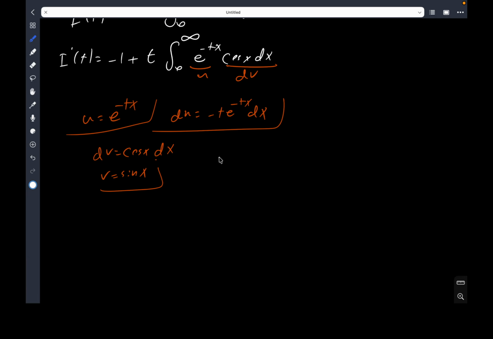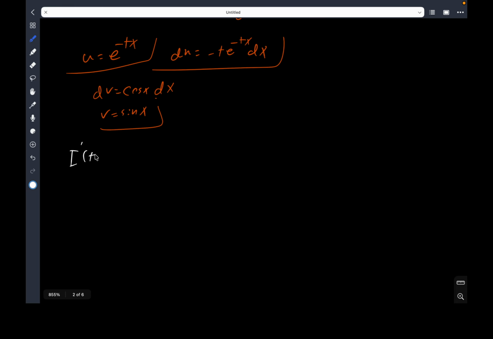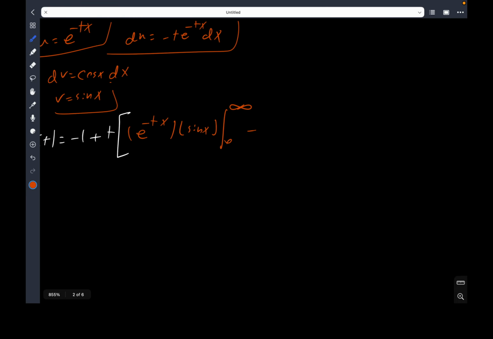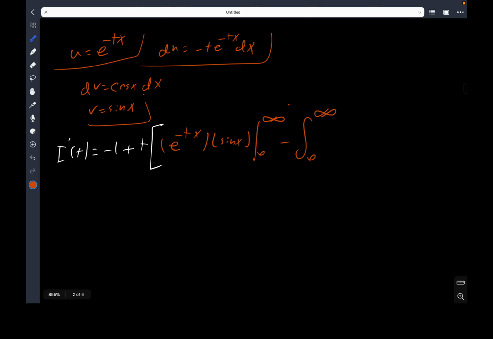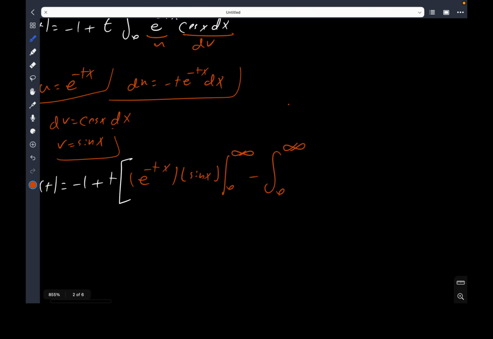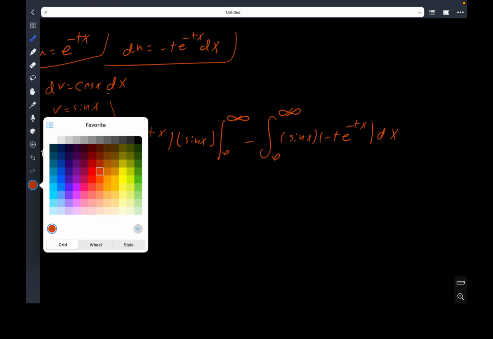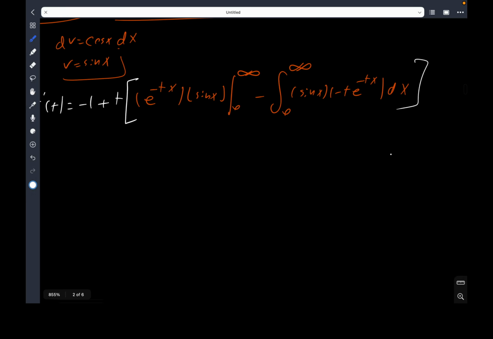So I'm going to do this integration by parts again. I prime of t is negative 1 plus t times u, e to the negative tx, times sine x from 0 to infinity, minus the integral from 0 to infinity of v du, which is sine x times negative t e to the negative tx dx, and that's it.